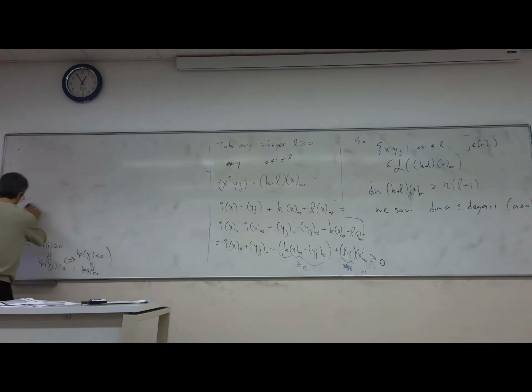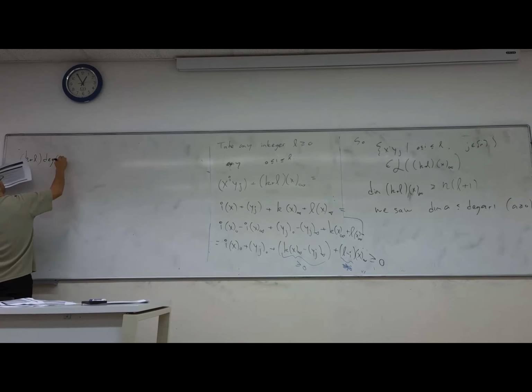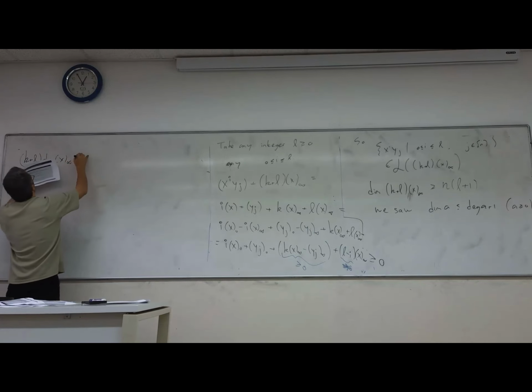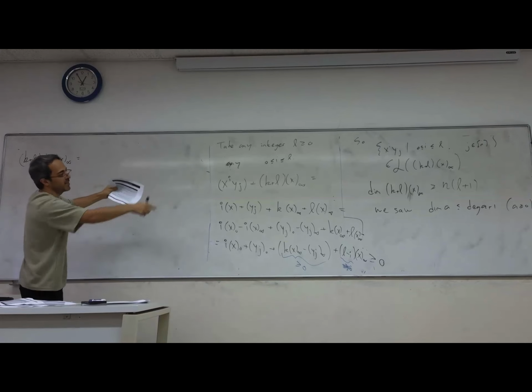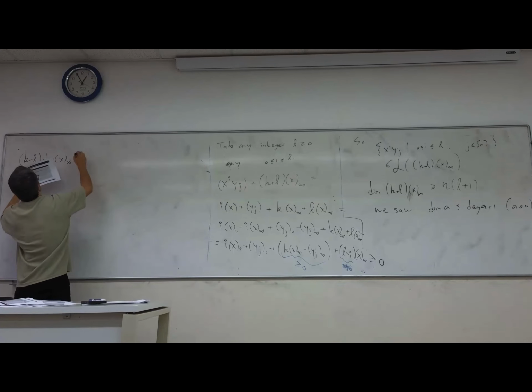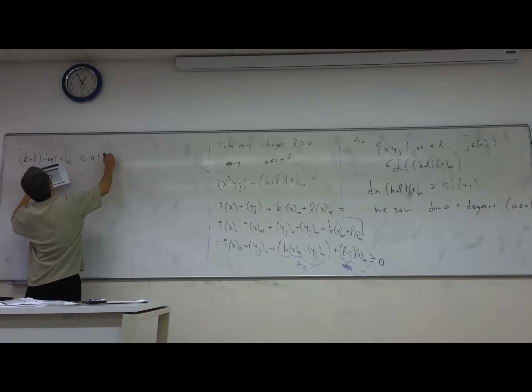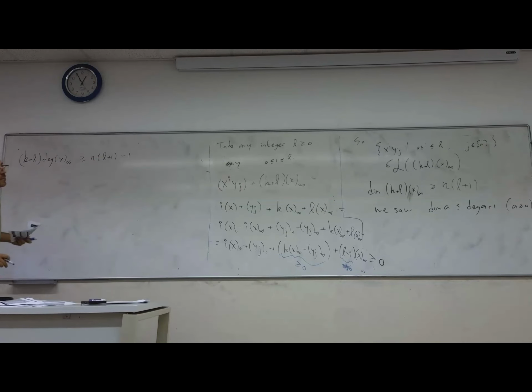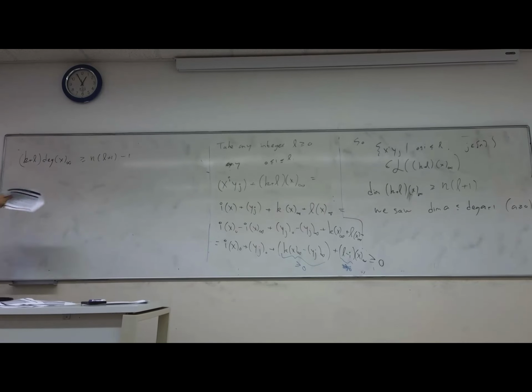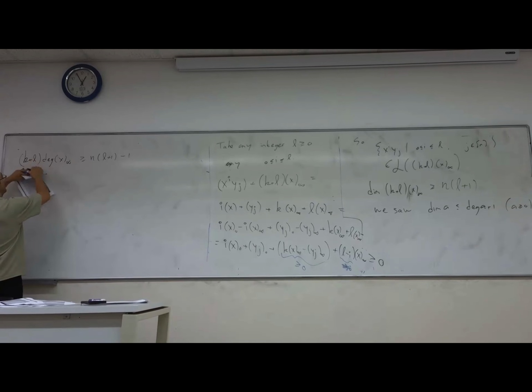So this means that K plus L times the degree of x infinity, which is just the degree of K plus L times the x infinity, is at least n times L plus 1 minus 1. I just plug in A to be this K plus L times x infinity. And noting that the degree of K plus L times the divisor is just K plus L goes outside.